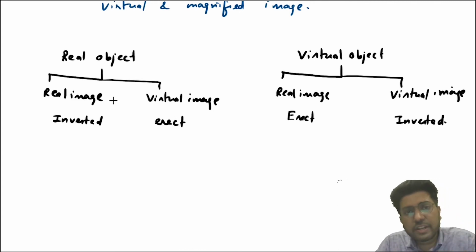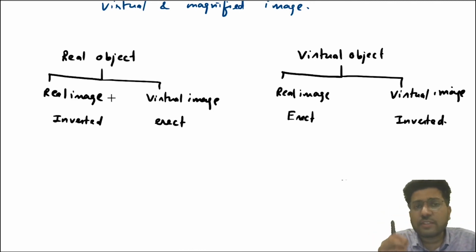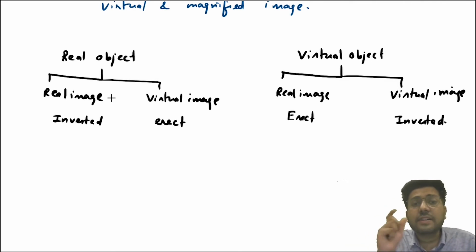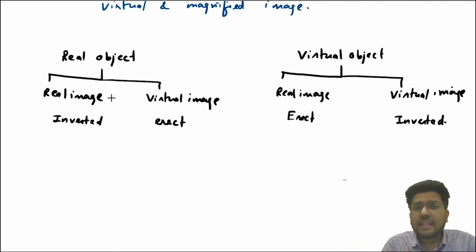If you have a real object and from that real object, using any optical instrument, a real image is formed, then that real image is inverted. Similarly, if from that real object, using any optical instrument, a virtual image is formed, then that virtual image is always erect. So for a real object, a real image is always inverted and a virtual image is always erect.